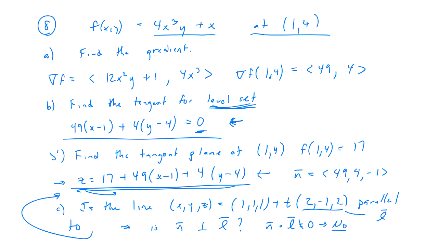And you would be checking that if instead I asked, is the line perpendicular to the plane? Because then their vectors would need to be parallel. So it kind of reverses because of the way they're set up.